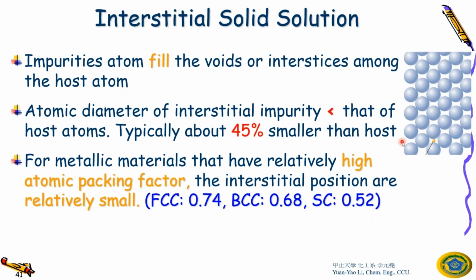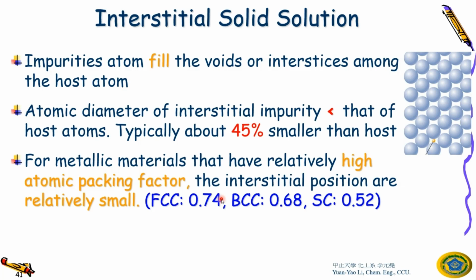So for metallic materials that have a relatively high atomic packing factor, the interstitial positions are relatively small. What does this mean? If you have an FCC structure, the packing factor is 0.74. That means 74% of the space is occupied by atoms, so you have less space to put interstitial atoms into this structure.